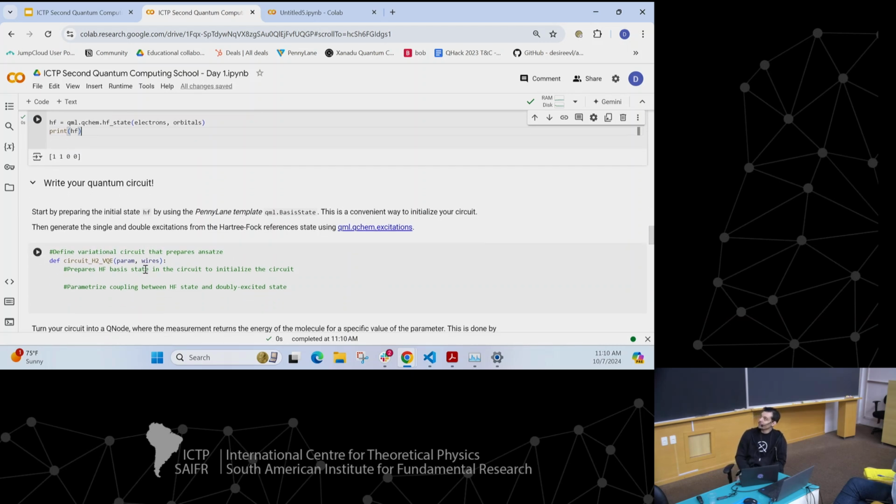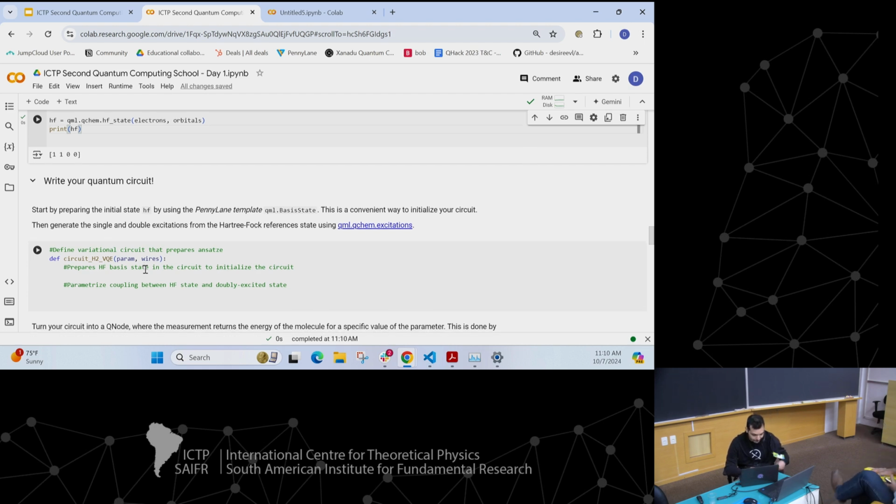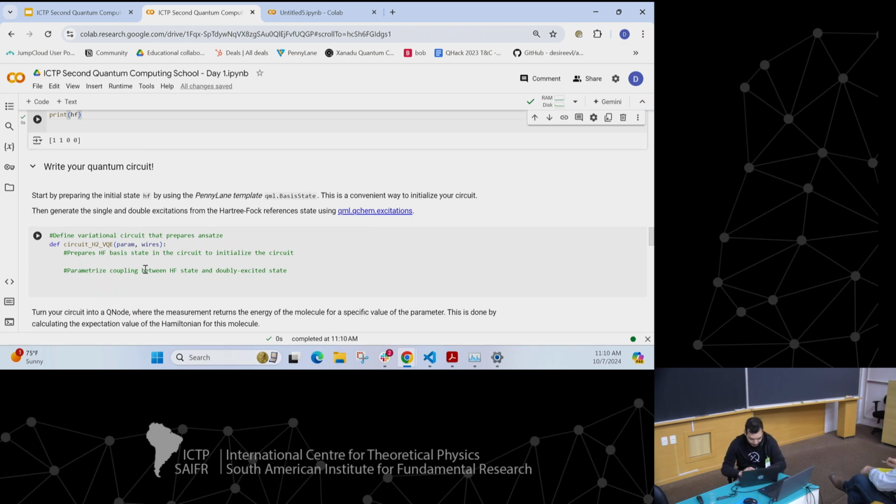So we created the Hartree-Fock state. Now we want to create the post-Hartree-Fock state by using a range of Givens rotations or of excitation gates to improve on our estimate of the true wave function of the hydrogen molecule. So the way we'll do that.